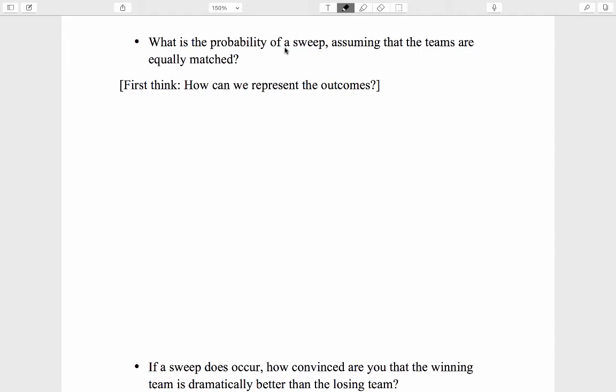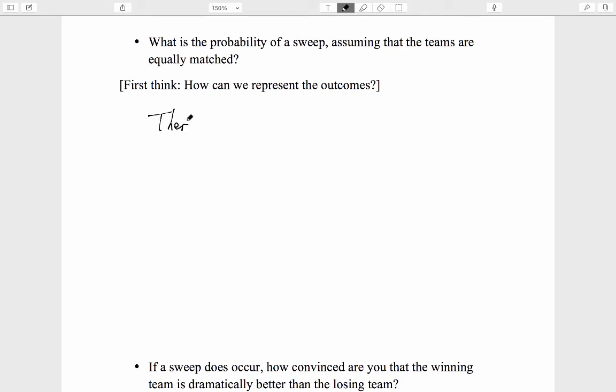Either one team wins those first 4 games, in which case we have a sweep, or it is not the case that one team wins all 4 of those first 4 games, in which case we don't have a sweep. So this experiment of seeing whether a sweep occurs or not depends just on looking at the first 4 games. Therefore, we can represent the outcomes just as 4-letter words consisting of Y's and M's.